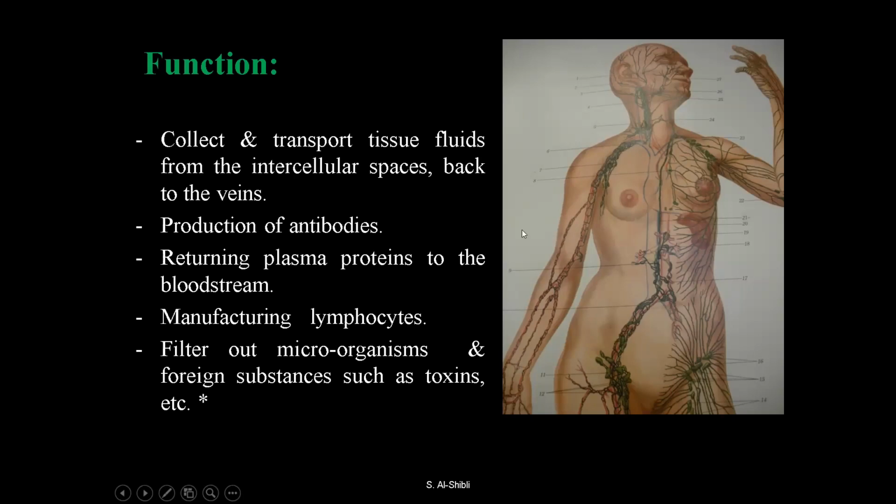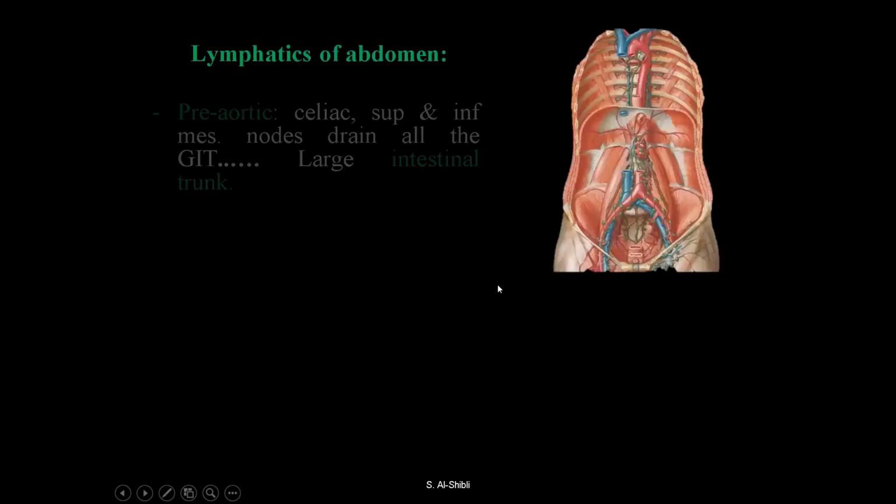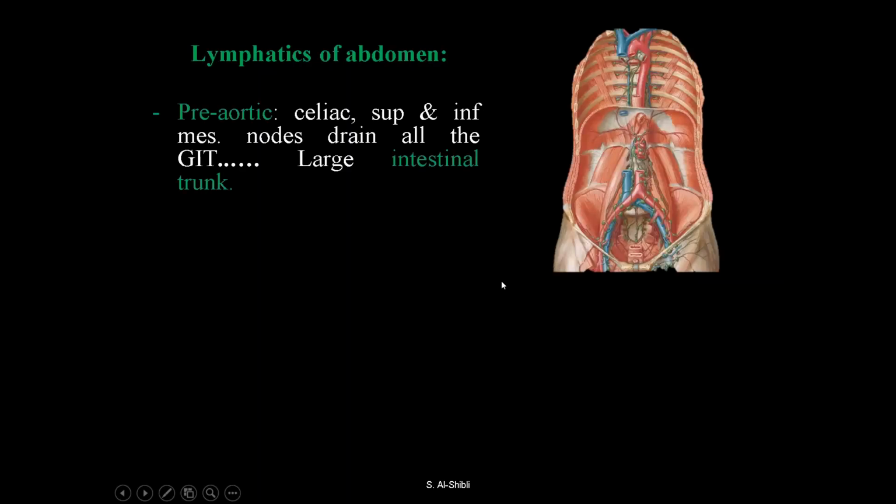For the abdomen, we have two important collections of lymph nodes, which we call pre-aortic and para-aortic. The pre-aortic comes from the celiac, superior and inferior mesenteric nodes, and drains all the GIT through the large intestinal trunk.